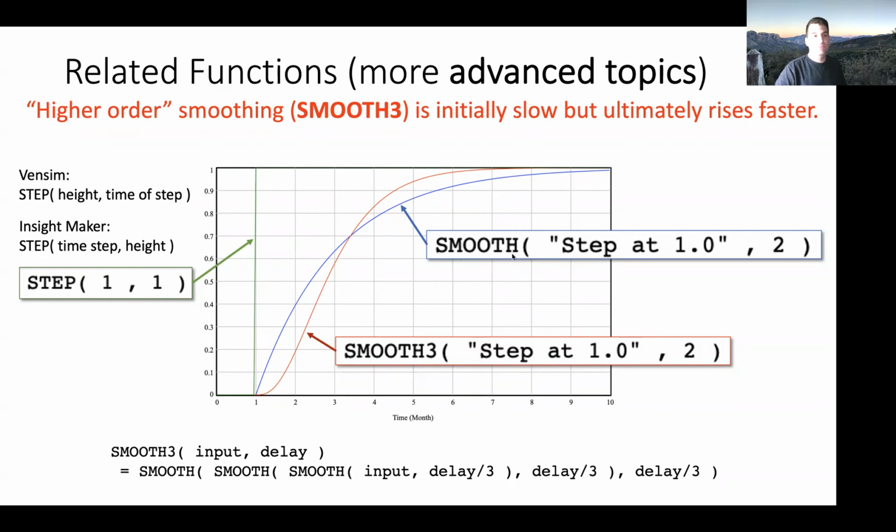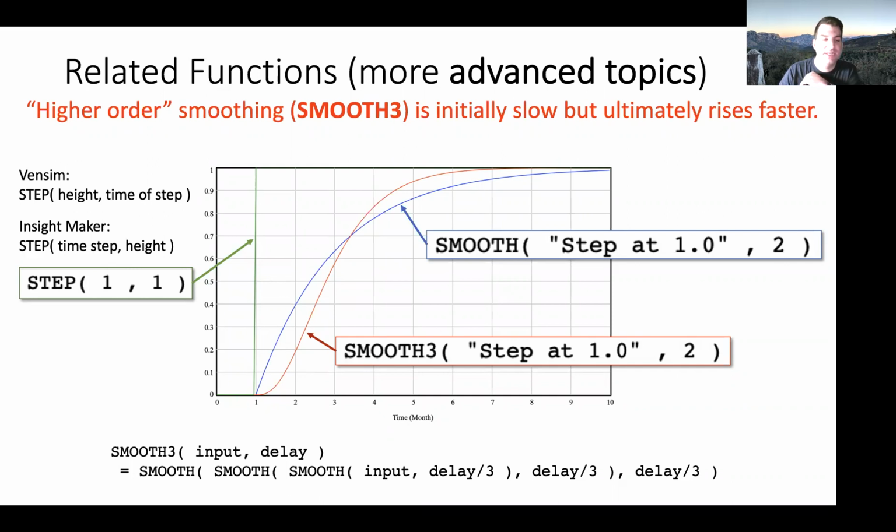Now, we've talked about smooth as one way to implement these smoothing delays. Now, there are so-called higher order smoothing delays that create a sluggish effect that nevertheless changes somehow more quickly. And so those are implemented in Vensim and in Insight Maker.